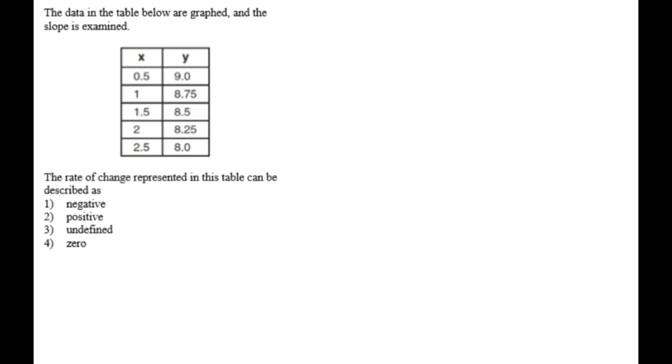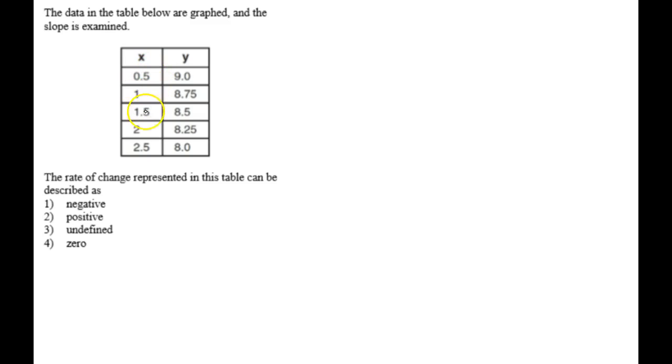Now to the third example: the data in the table below are graphed and the slope is examined. The rate of change represented in this table can be described as, we could create a scatter plot with our independent variable x and our dependent variable y, and then look at the data points, the scatter plot, to determine the correlation, or we can simply look at the values.